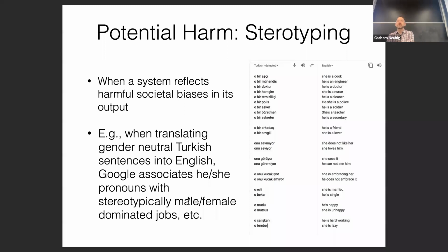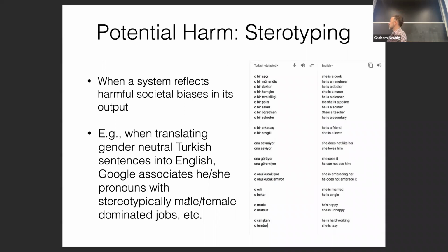Another potential harm is stereotyping. This is especially a problem in NLP systems that do some sort of language generation, when a system reflects harmful societal biases in its output. To give one example, which is maybe relatively benign compared to other recent examples, when translating gender neutral Turkish sentences into English, Google associated he and she pronouns with stereotypical male and female dominated jobs, at least at the point when I made these slides.